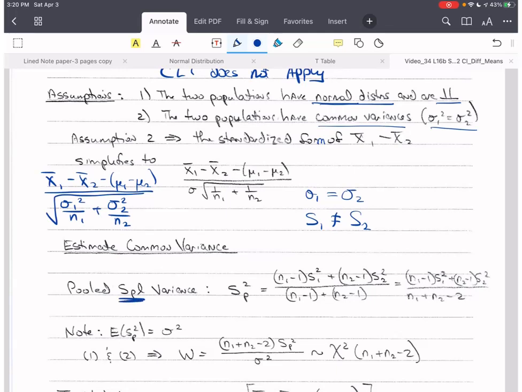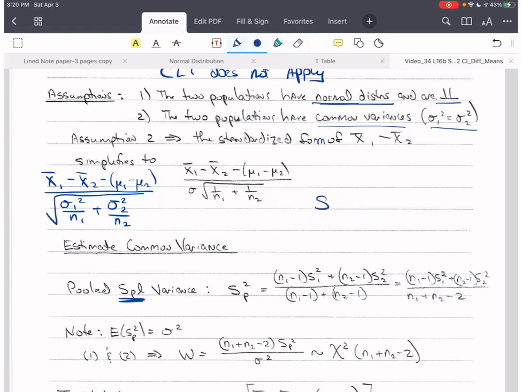So what we do is we take n1 minus 1 times s1 squared plus n2 minus 1 times s2 squared. Let me show you why we're doing that very briefly.